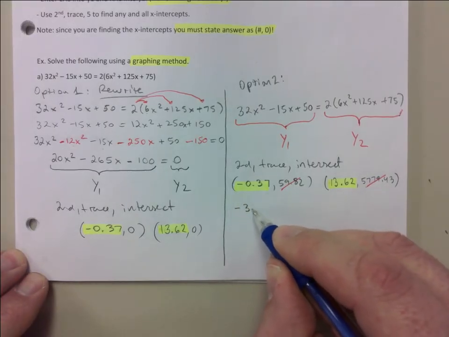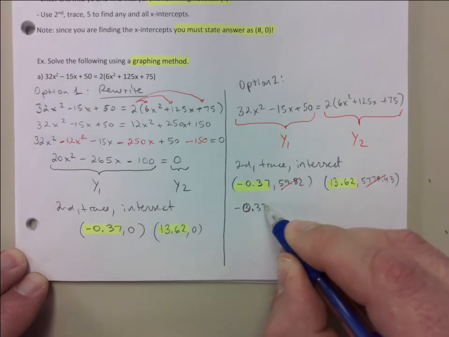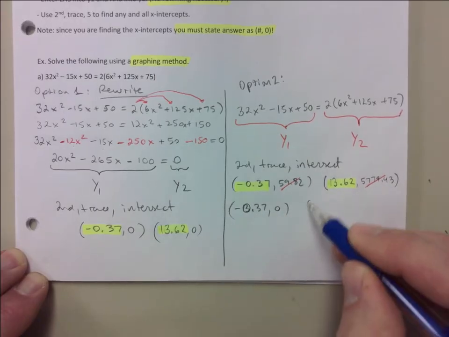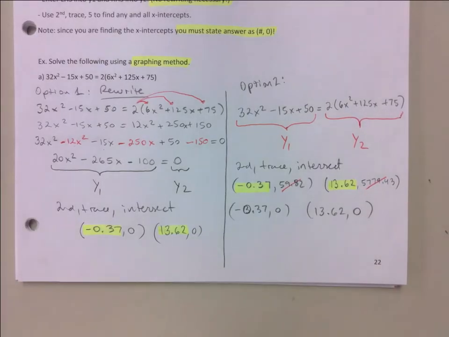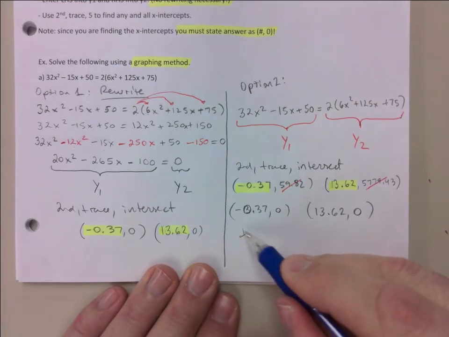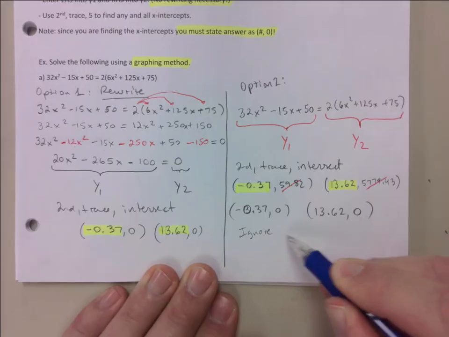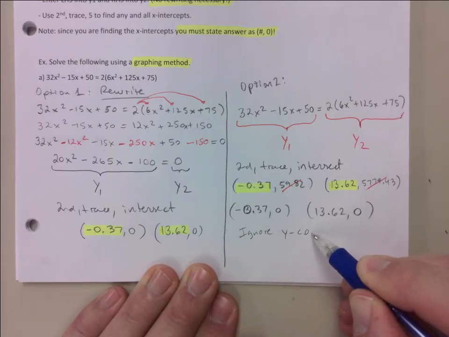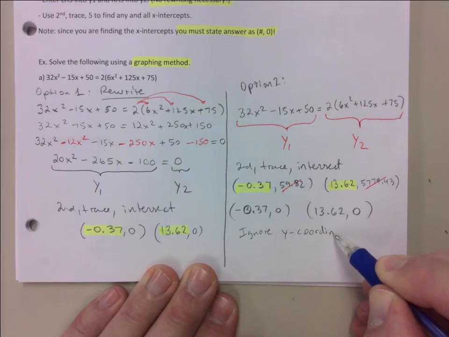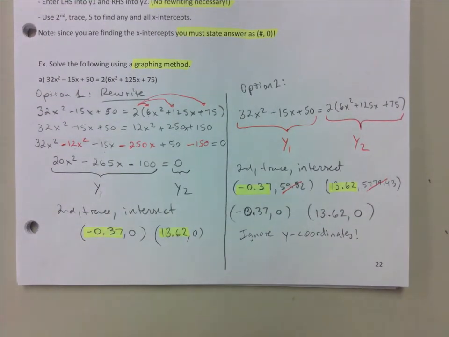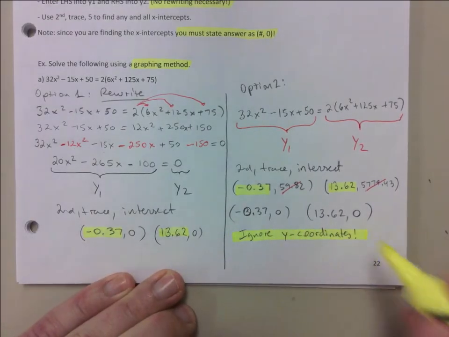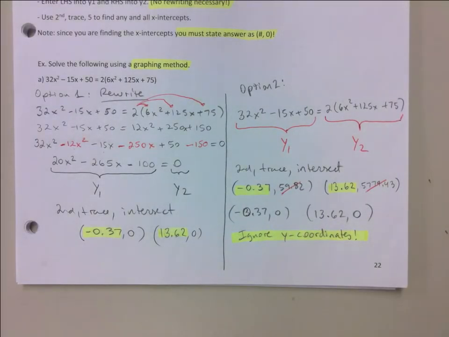So negative 0.370, and this is 13.620, okay? Ignore y coordinates. That is one big if you do option 2.